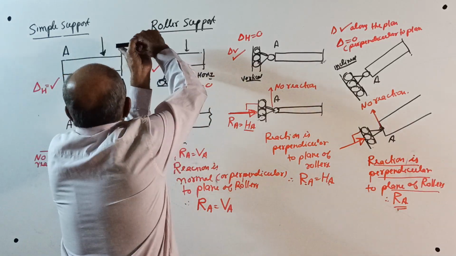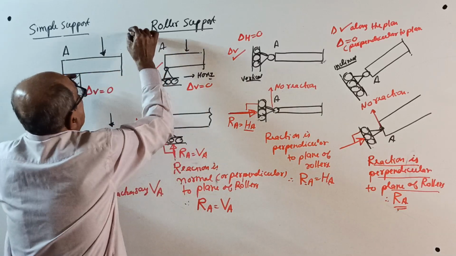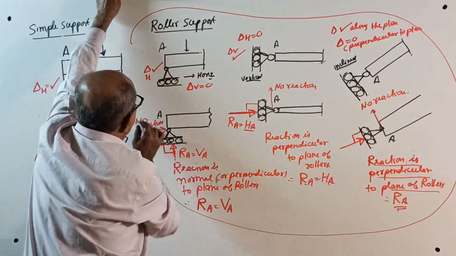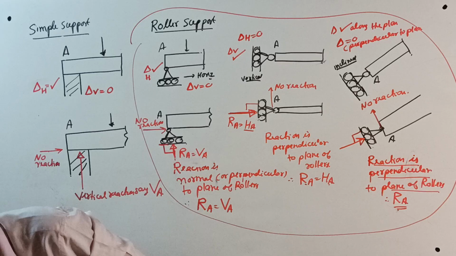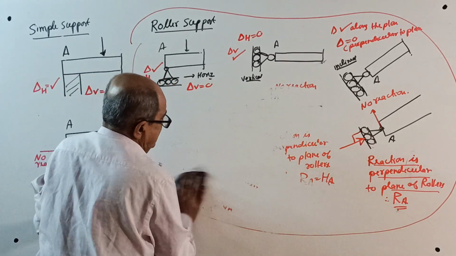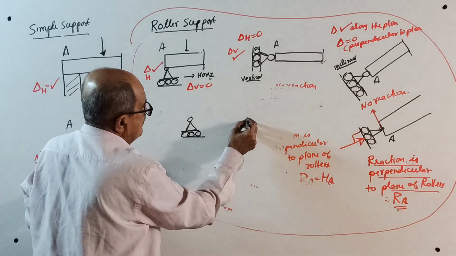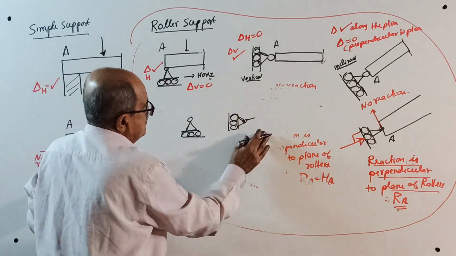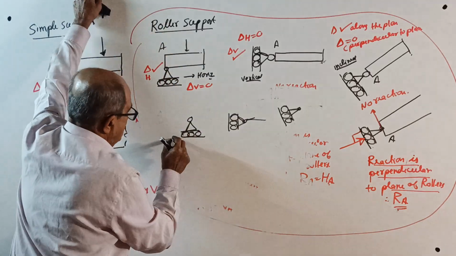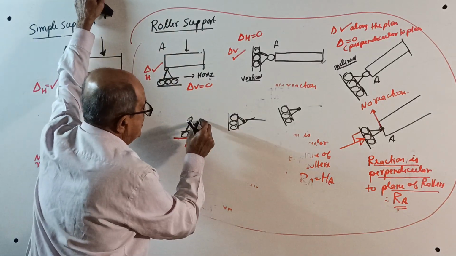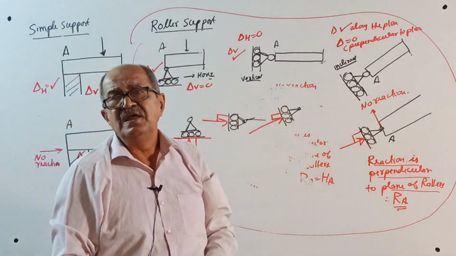Simple support, vertical reaction, and full roller support, only one reaction which is perpendicular to the plane of the roller, that is this way. More explanation I will give next class.